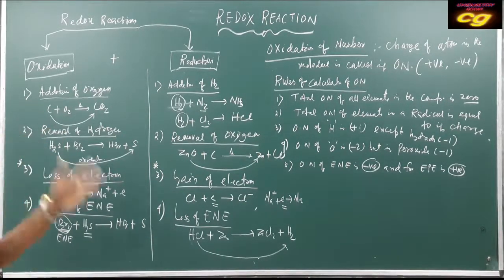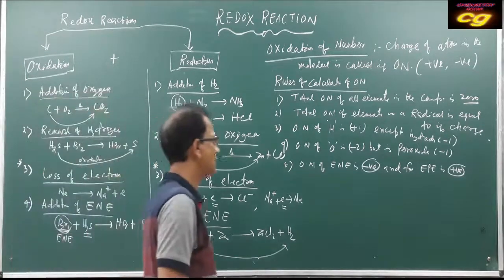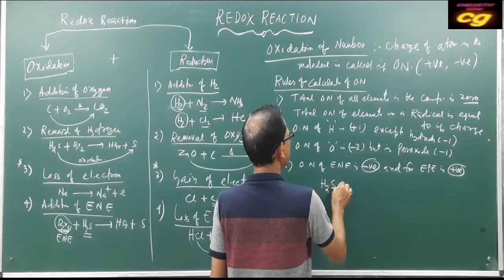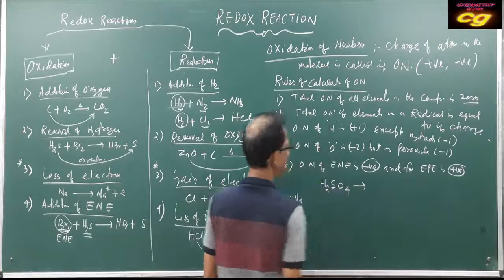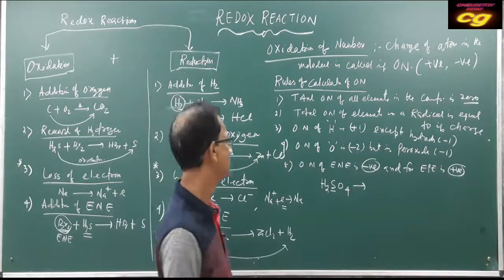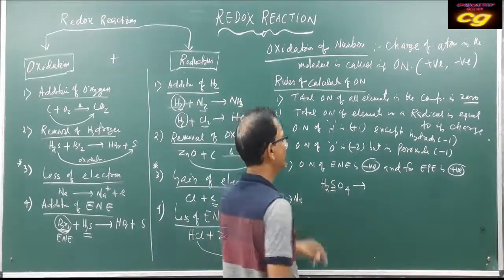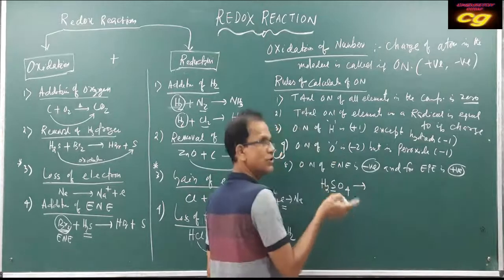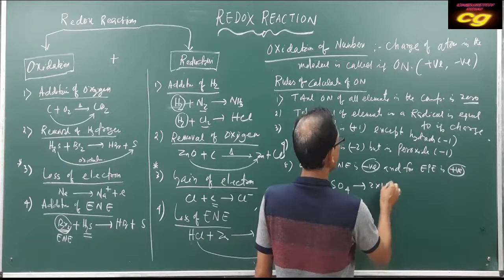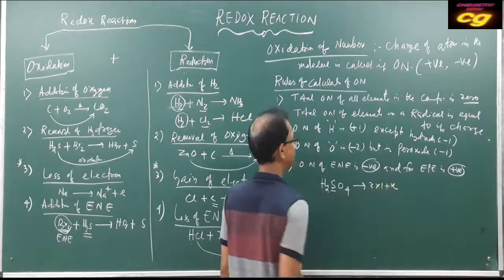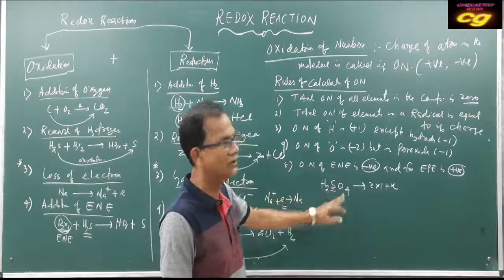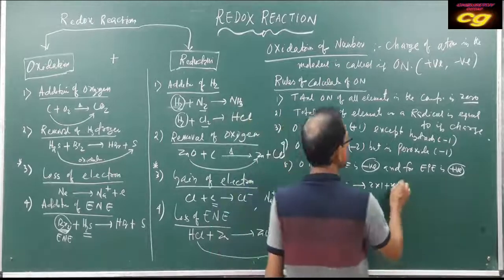So let us calculate some oxidation numbers. For example, the oxidation number of sulfur in sulfuric acid. Suppose we calculate for sulfur. For hydrogen it is always +1, so 2 hydrogens is 2 into 1, plus 1 sulfur is X, and there are 4 oxygens, each carrying -2, that is -8.